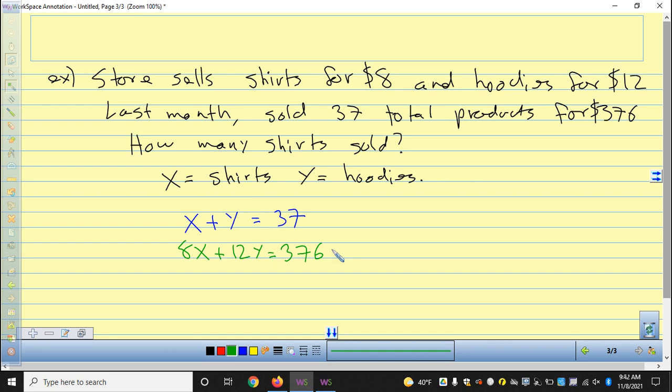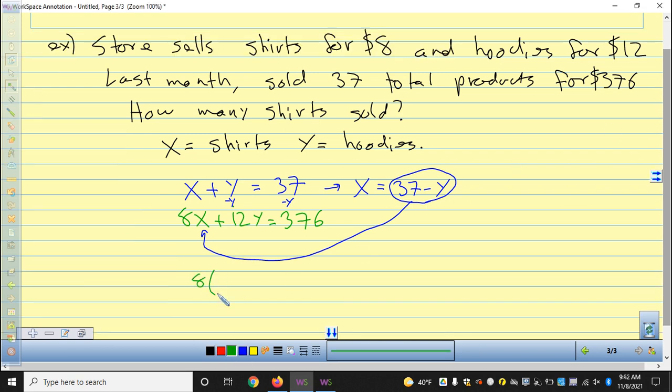I would say the first one is easier to solve for either X or Y. And I chose to solve for X just because. So if I subtract Y from both sides for that first one, I get that X equals 37 minus Y. And I'm going to take that and plug it into the second equation right there.